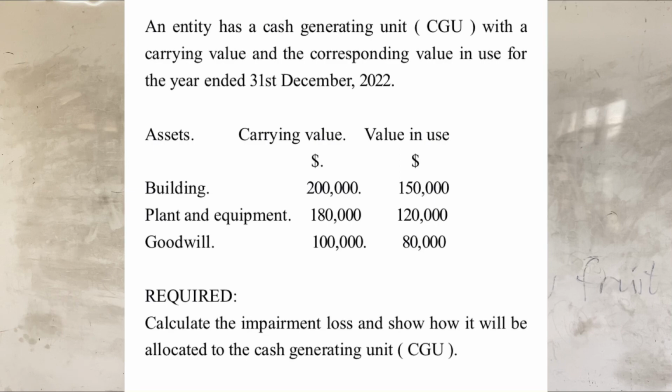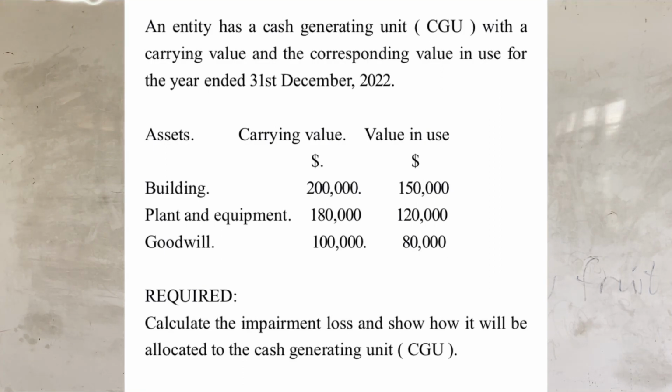An entity has a cash generating unit with a carrying value and their corresponding value in use for the year ended 31st December 2022. We have three different assets. Building has a carrying amount of $200,000. Its value in use is $150,000.